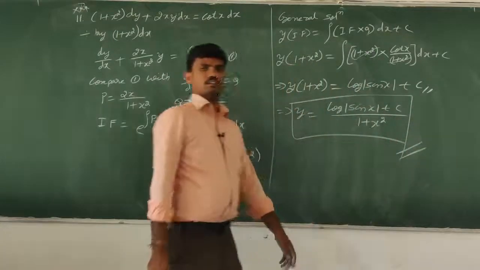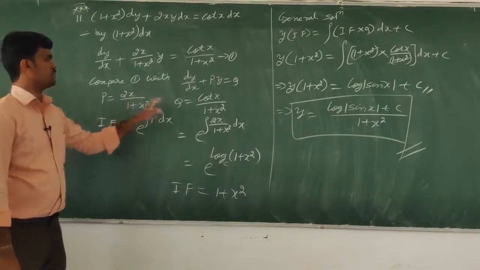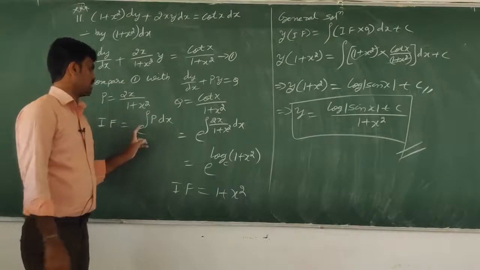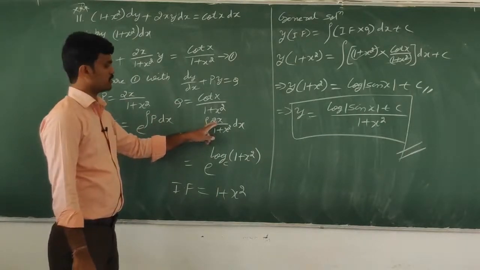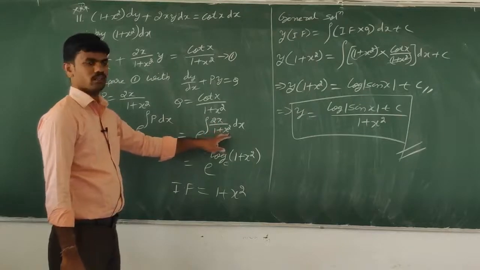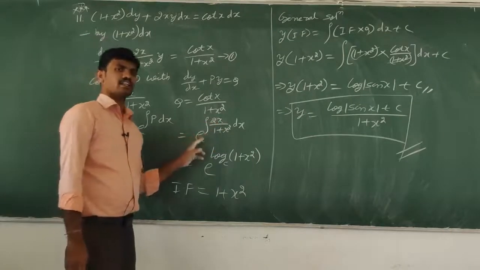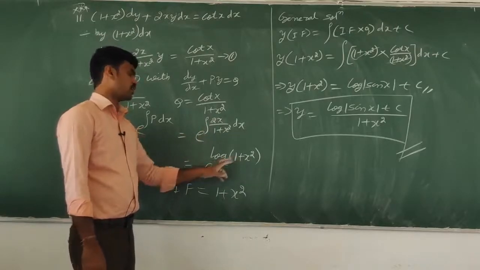That's all. Is it clear? It is very easy, right? So this is P, this is Q. After finding P and Q, we have to find the integration factor by using this formula. Here the integral function is of the form 2x divided by 1 plus x square. So differentiating the denominator gives the numerator. So the integration becomes log of the denominator, log of 1 plus x square.